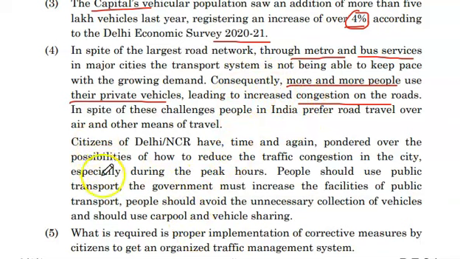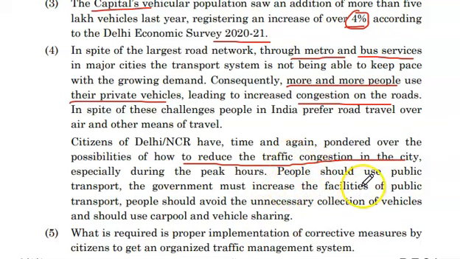Let us see the second part of this paragraph. Citizens of Delhi NCR have time and again pondered over the possibilities of how to reduce the traffic congestion in the city. So this part is talking about the ways, the possible or likely steps that could be taken by people to reduce the traffic congestion in the city, especially during the peak hours.